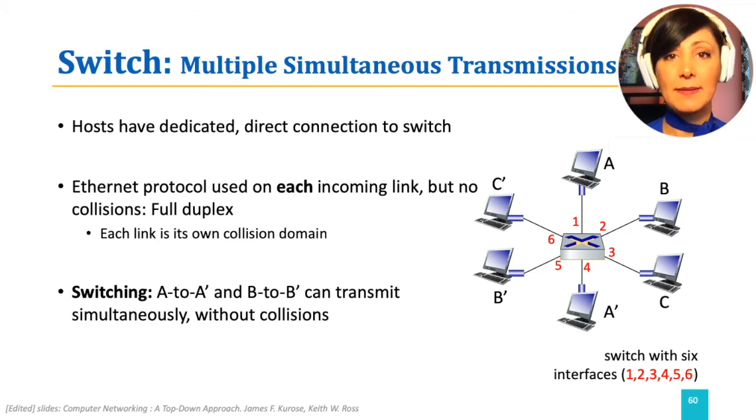If host A, that is connected to port 1, wants to communicate to A prime, which is connected to port 4, and host B, which is connected to port 2, wants to communicate to host B prime connected to port 5, these communications are possible concurrently without causing any collisions. However, A to A prime and B to A prime may not happen at the same time.